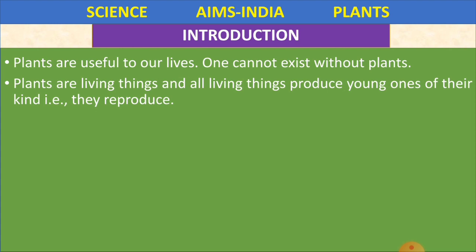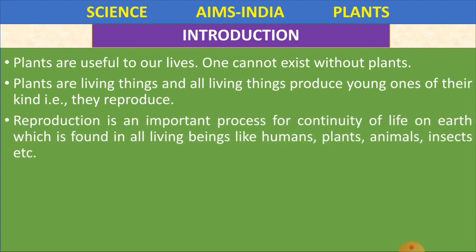A hibiscus plant gives birth to another hibiscus plant. So they also give birth to other plants of their own kind. This we call reproduction. And reproduction is an important process for continuity of life on earth, which is found in all living beings like humans, plants, animals, insects, etc.